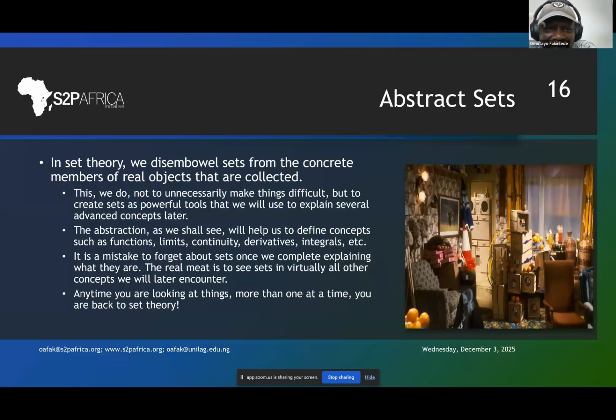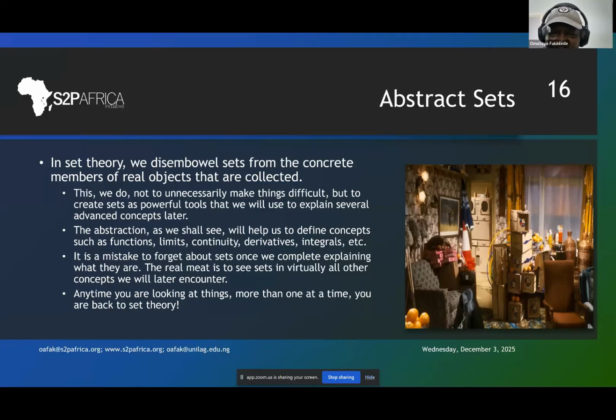Abstract sets. In set theory, we disembowel sets from the concrete members of real objects that are collected. This, we do not to unnecessarily make things difficult, but to create sets as powerful tools that we will use to explain several advanced concepts later.